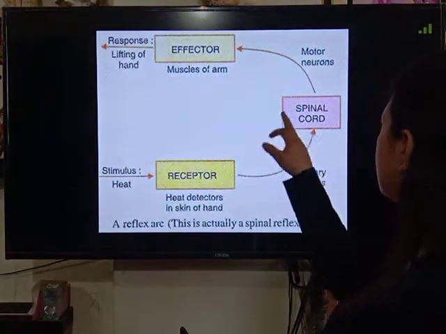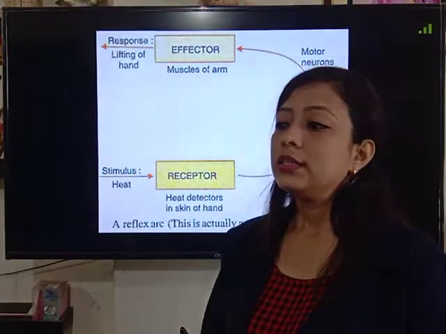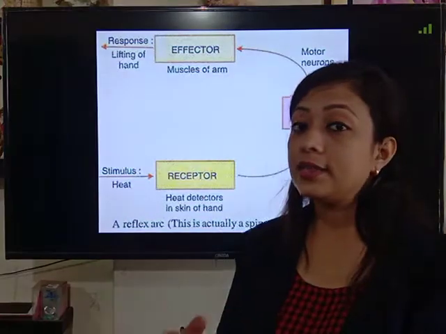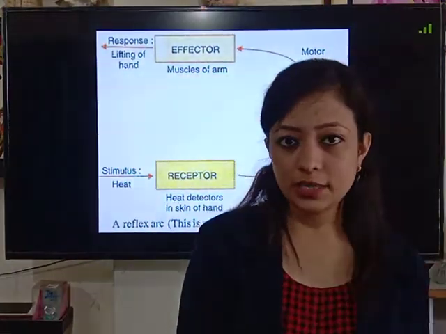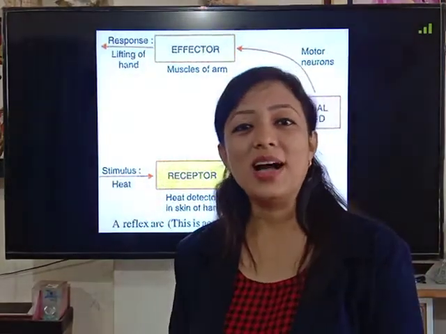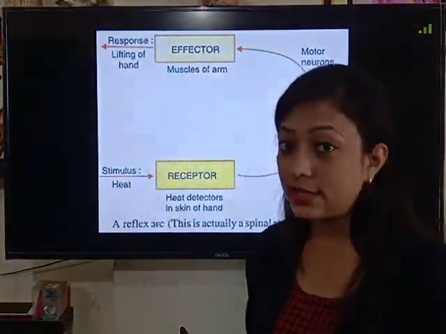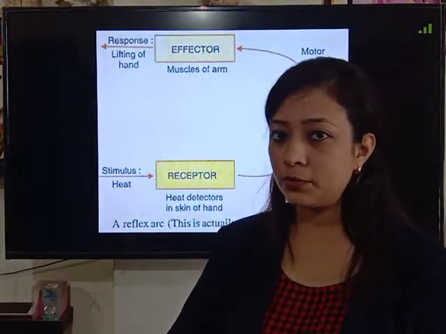Now in the central nervous system, in this example the spinal cord is involved. The relay neurons are located, and this relay neuron convert the message of stimulus into the message of response. But यहाँ पे message क्या है, that the utensil is hot. And what is the response for this stimulus?